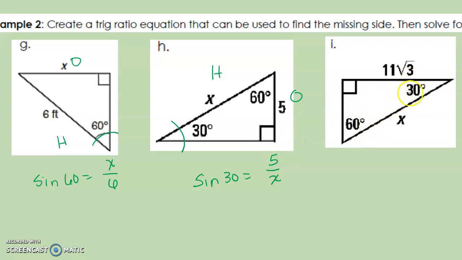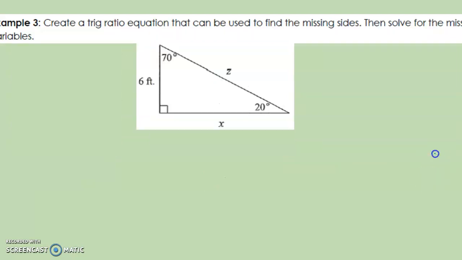Okay, and this one you're given both angles. Same thing over here. You can just choose which one you want to be your angle of interest. I just usually read from left to right, so I'm going to go here, and this is going to give me my hypotenuse that I'm looking for. And then I'm going to label this as my opposite. So I would do sine of 60 equals my opposite over my hypotenuse. Okay, this would solve for the missing sides.